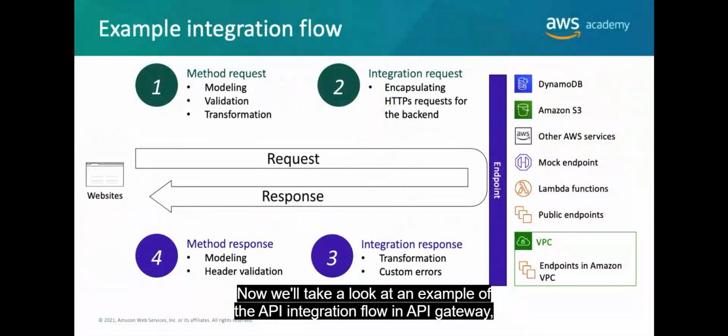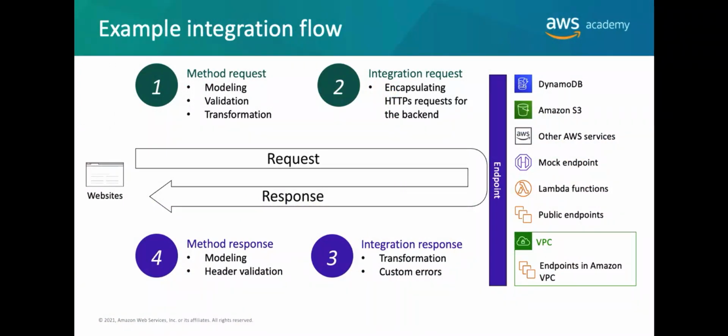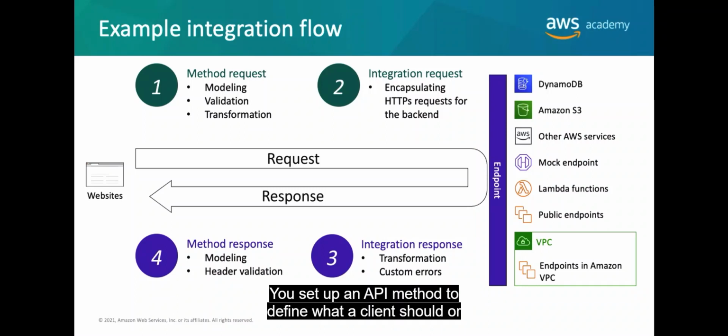In API Gateway, an API method embodies a method request and a method response. You set up an API method to define what a client should or must do to submit a request to access the service at the back end, and to define the responses that the client receives in return.